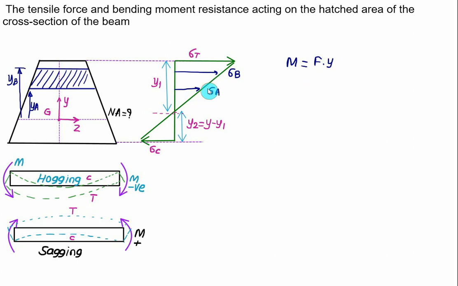Now since there is a variation of the stress with its distance from the neutral axis, what we'll do here is consider one elemental area, and this elemental area is a very small area. Let's say this area is equal to dA, and correspondingly we have a stress on this one equal to sigma. Now this value of sigma at any distance y from the neutral axis can be computed using the distribution.